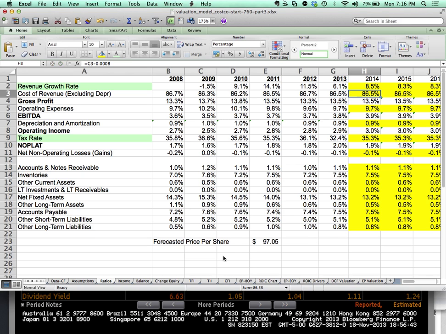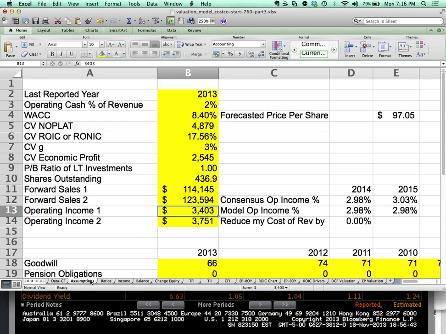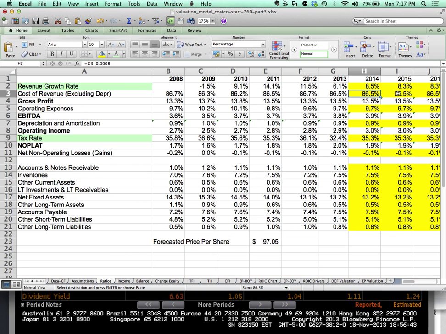All right, I'm going to do the same thing in 2015. In 2015, I have to reduce it by an additional 0.0005. So ratios minus 0.0005.